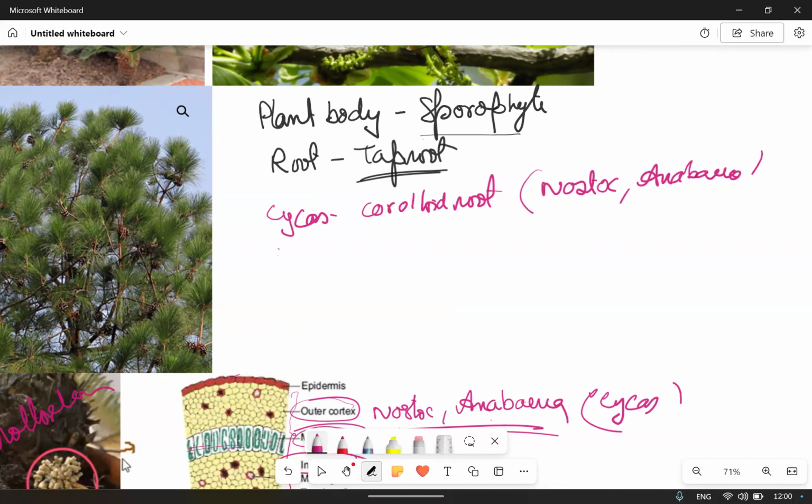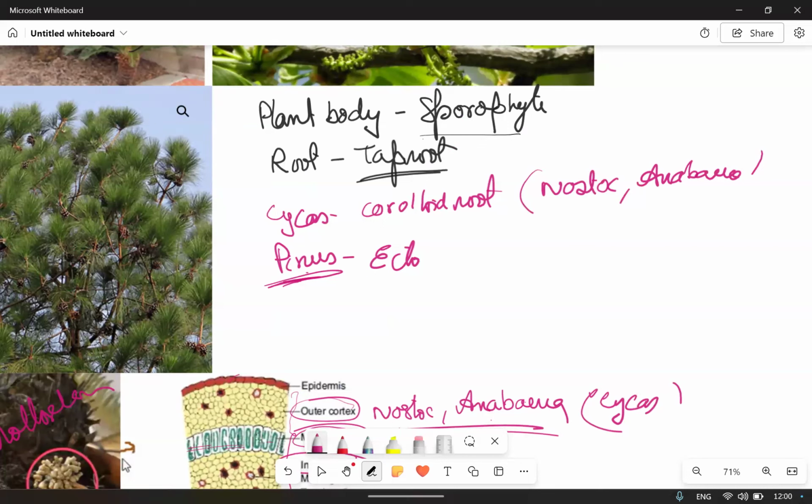Okay. And what about the pinus root? We know mycorrhizal roots. They are in association with the roots of higher plants, means fungal hyphae in association with the roots of higher plants. So the young roots of pinus have ectotrophic mycorrhiza. You know the mycorrhiza are ectotrophic, endotrophic, or ectendotrophic.